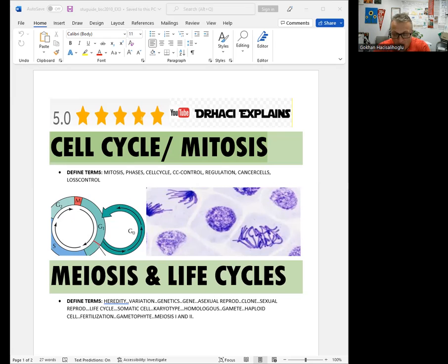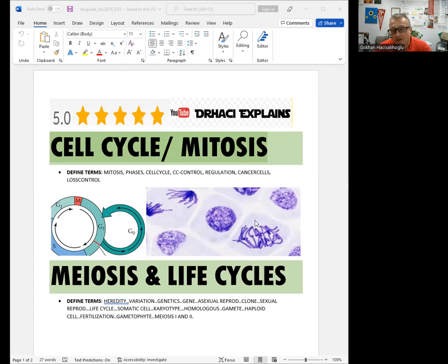So make sure that you go over the cell cycle, so you learn about G1, S, G2, and M phase. Once the cell gets to the M phase, it starts going through the different mitotic stages, like you see in this picture: prophase, metaphase, anaphase, and telophase.